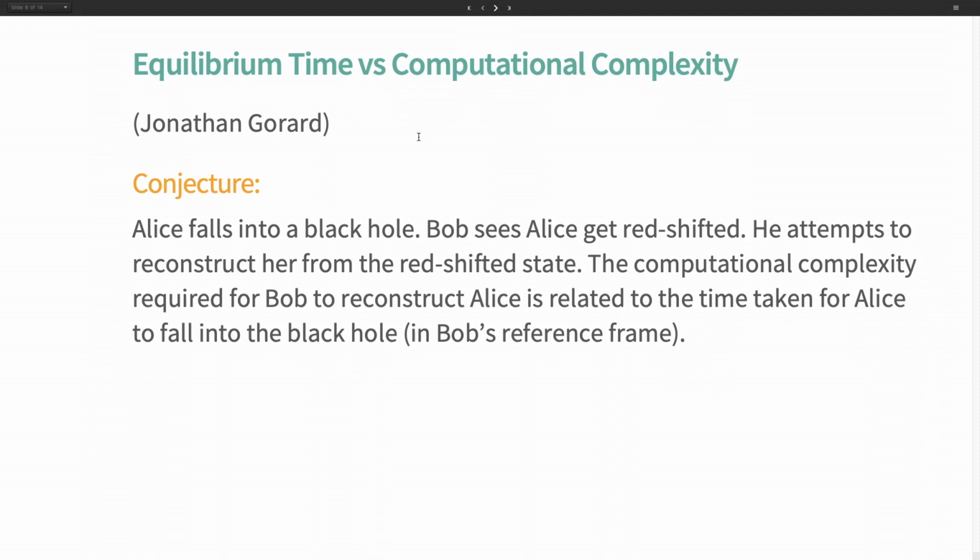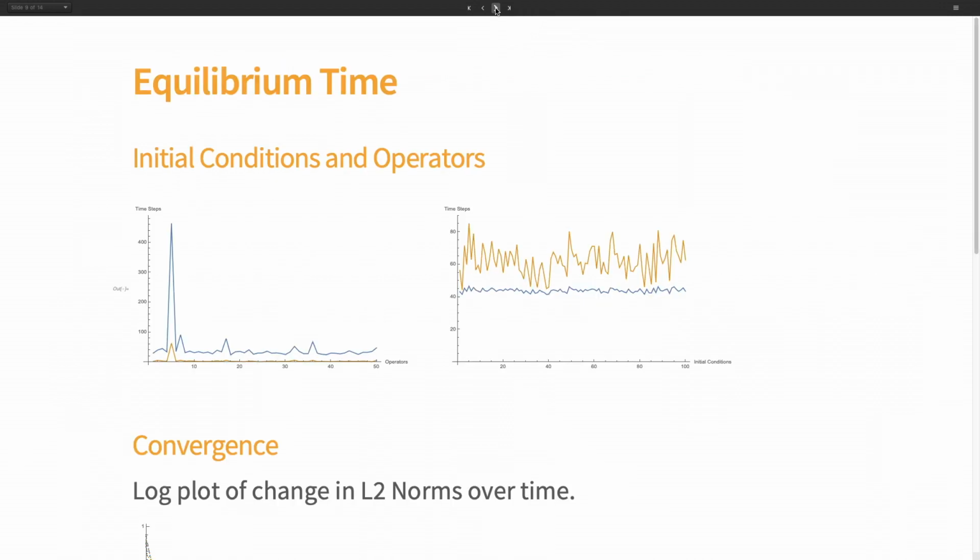So the time taken to reach that equilibrium state should be somehow related to the computational complexity required to go back to Alice, starting with the thermalized state. And so we tried to prove this conjecture over the following months, over the summer school, after the summer school.